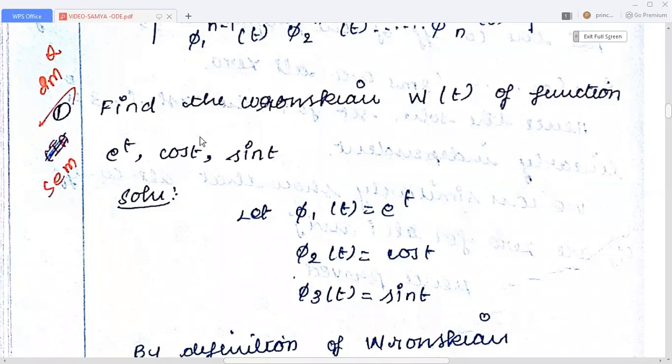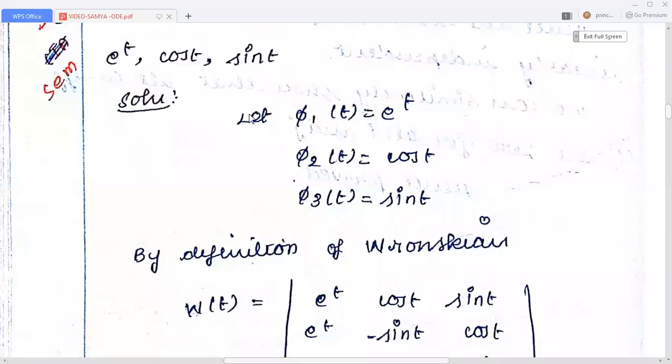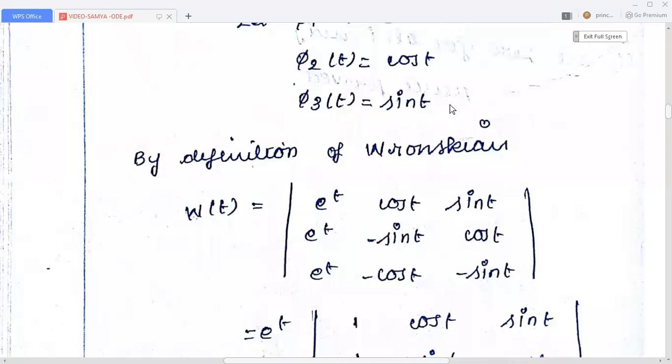Find the Lagrangian W(t) of the functions e^t, cos t, sin t. First, we take these functions as φ1(t), φ2(t), φ3(t). So φ1(t) equal to e^t, φ2(t) equal to cos t, and φ3(t) equal to sin t.